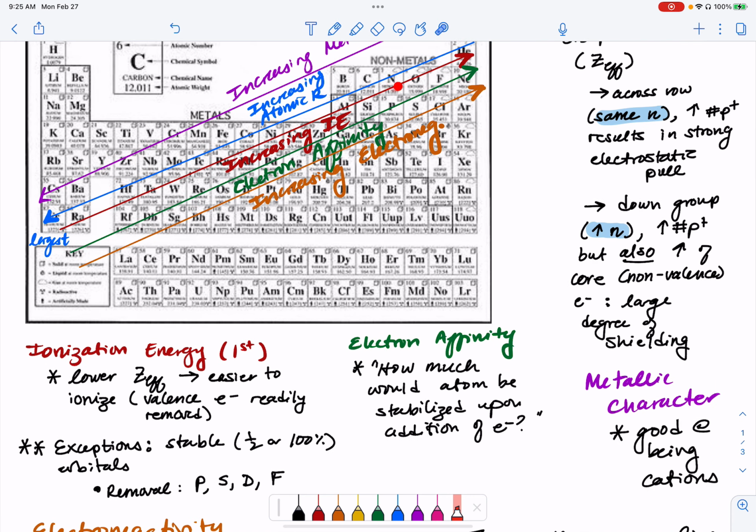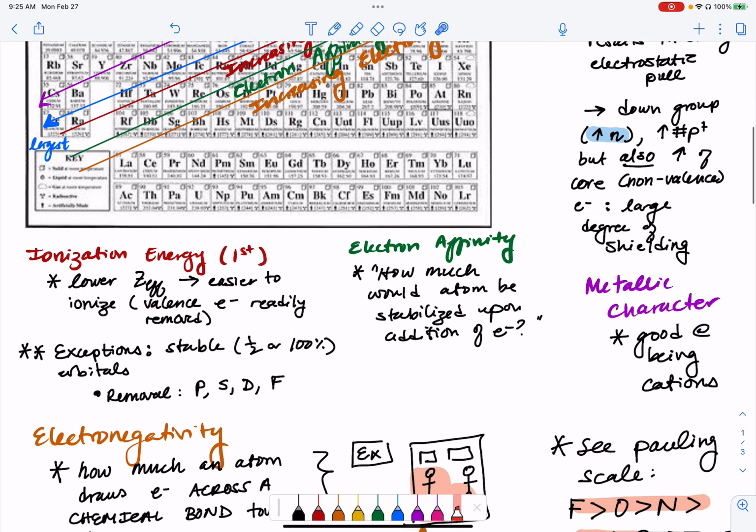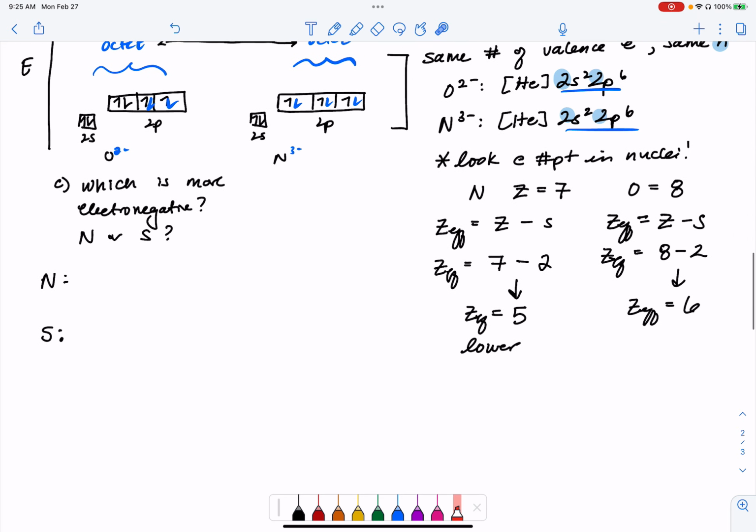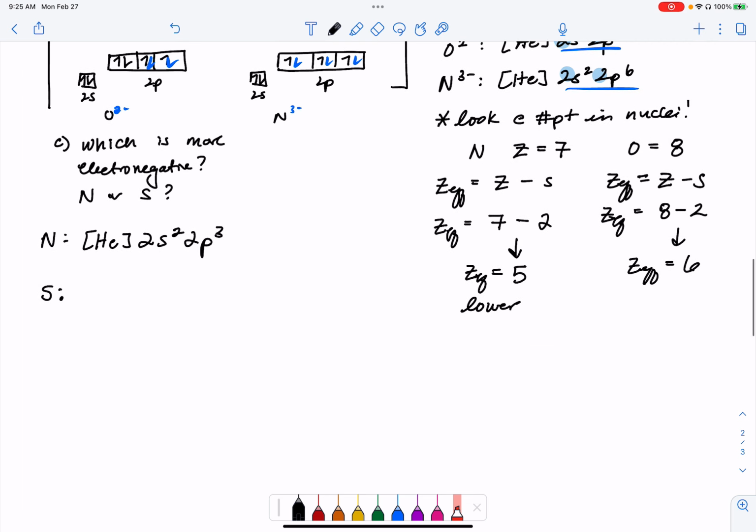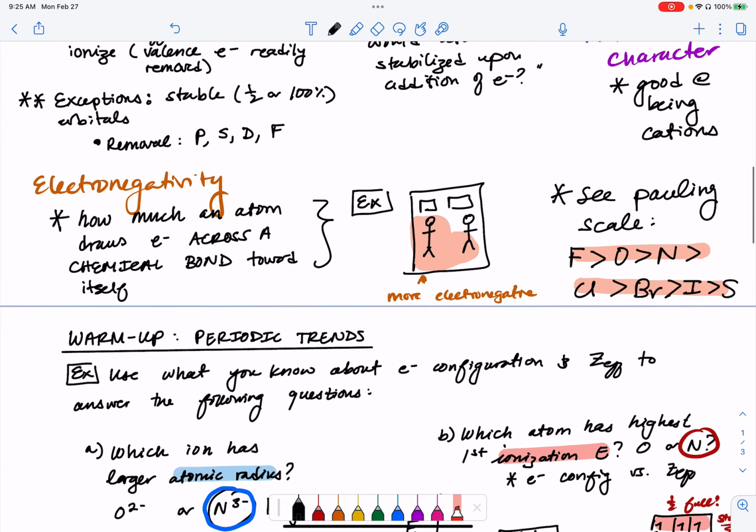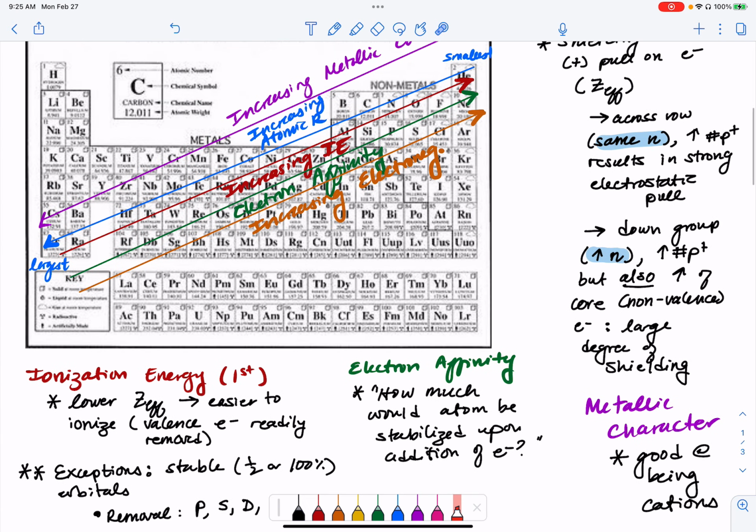Okay, so nitrogen is here. We know that electron configuration is helium, which is 1s2, and that it is 2s2, 2p3. Now sulfur, notice we're no longer looking at elements in the same row, but we're rather looking at a difference between elements in different columns.